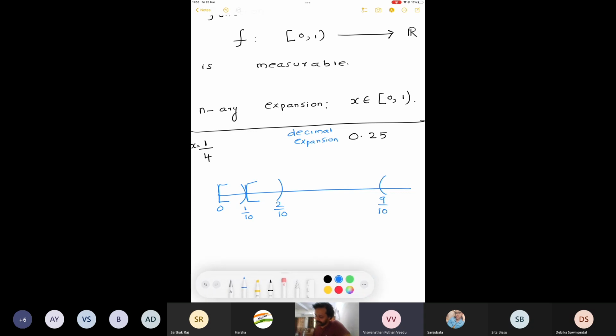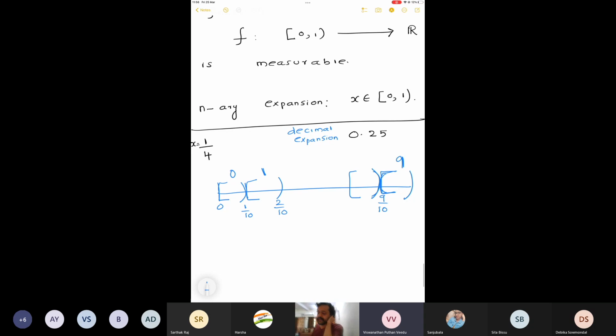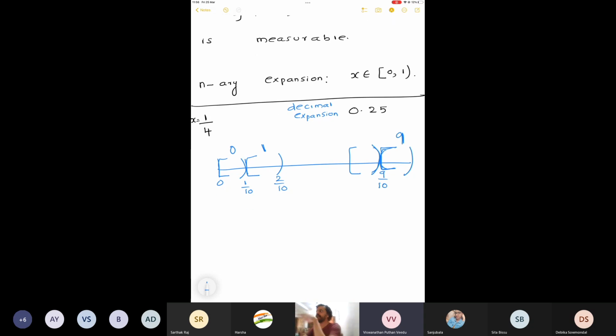I'm not considering 1. And you assign these intervals the labels 0, 1, etc. up to 9 in ascending order. So the interval [0, 1/10) is labeled 0, [1/10, 2/10) is labeled 1, and so on.